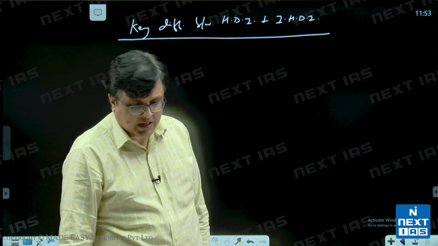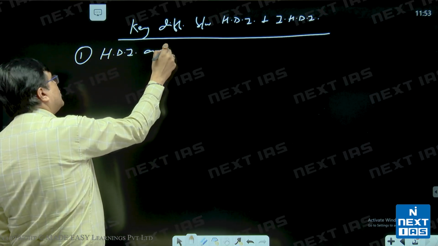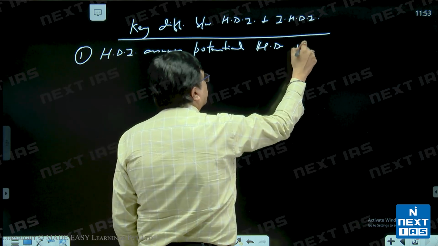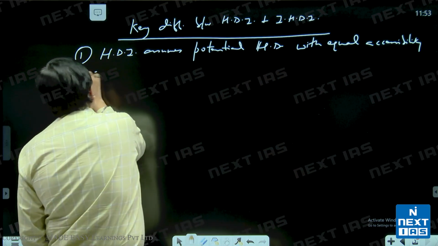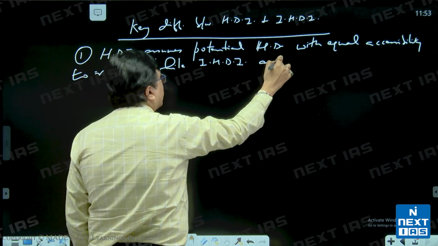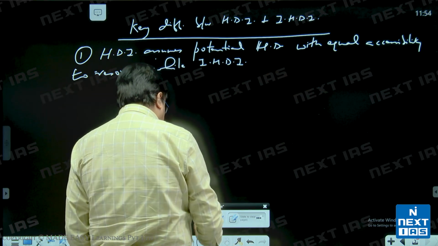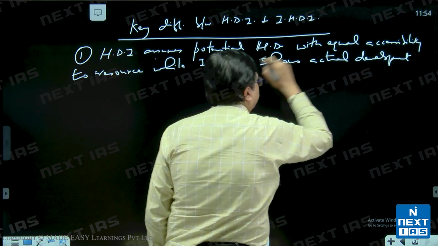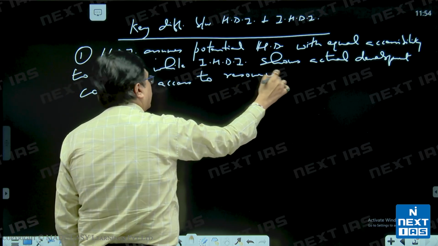One, HDI assumes potential human development with equal accessibility to resources, while IHDI shows actual development considering access to resources.